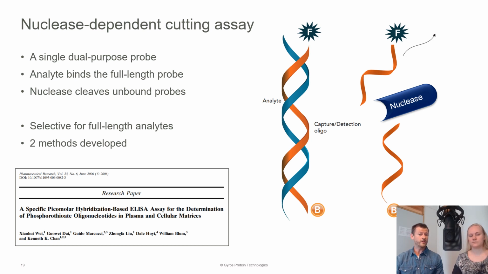Then a nuclease can be added, and this nuclease will be selective for single-stranded DNA and will cut any single-stranded DNA to be able to detect only the analyte that is bound to the dual-purpose probes. So this method is supposed to be selective for the full-length analytes, so it's supposed to be really specific for the parent oligo.